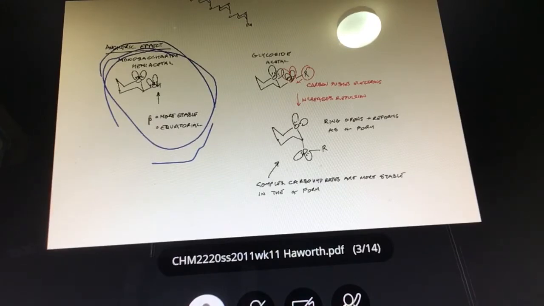That's a glucose, and I've put the substituents on the anomeric carbon into an equatorial position. But something happens when I turn that alcohol into an ether. When I turn my glucose into a glycoside by putting this R group in place of where the H was, that R group pushes electrons, which inflates the lone pair of electrons on that oxygen, which repels.